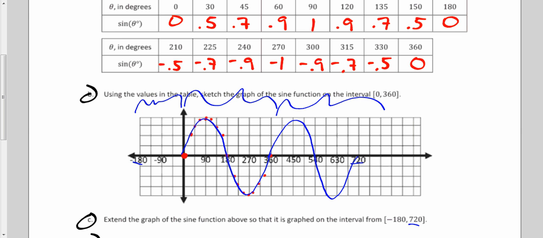So if I was going backwards, I'm going down here, down, down, down, and I'm going to keep going down here, and then I am back up to 0 right there at negative 180. Do we see that? Ava? Okay. This is the graph from negative 180 to 720.